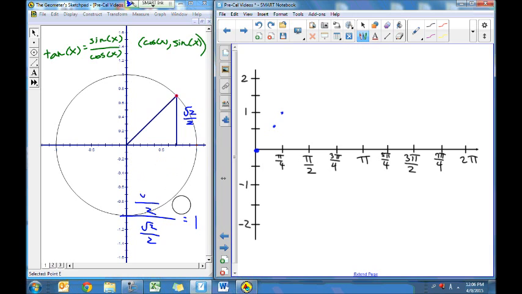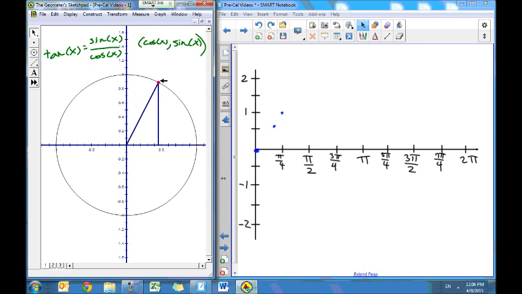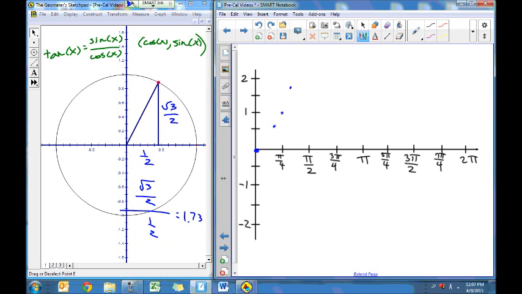Let's keep going. At pi thirds, this is going to be root 3 over 2 and 1/2. So if I divide root 3 over 2 by 1/2, I get the decimal approximately 1.73. So at pi thirds, it's about 1.73, about right there.